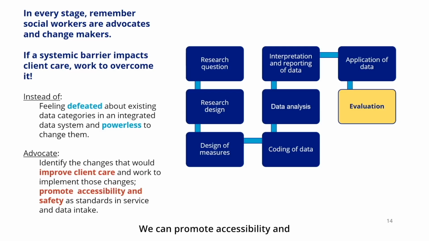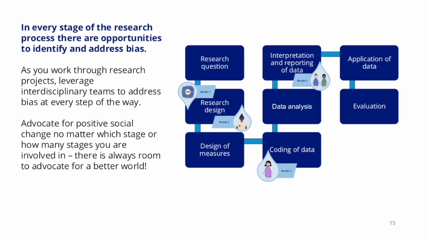We can promote accessibility and safety as standards in social services and data intake. Remember that in every stage of the research process, there are opportunities to identify and address bias and therefore improve client care.